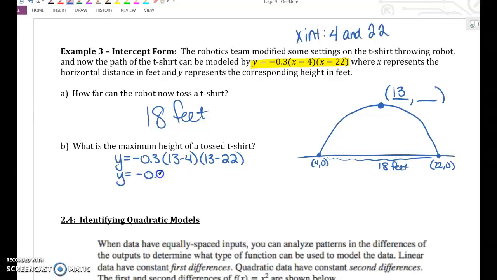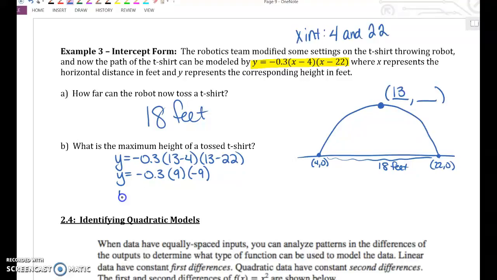Because the vertex is symmetrical exactly between these two intercepts, when you plug in the x value of the vertex, in those parentheses you should end up with a matching pair of numbers, one of them positive, one of them negative. That indicates that this vertex is 9 units away from each of those intercepts horizontally.